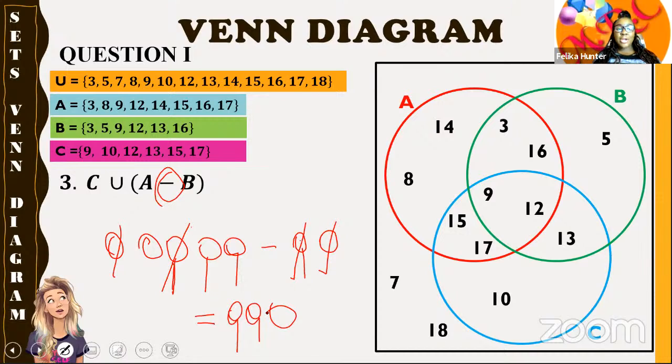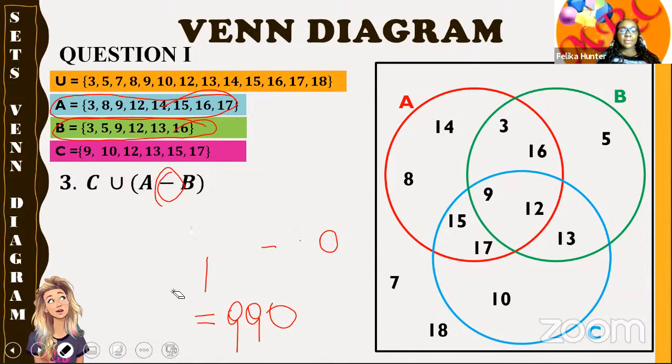Good. Now, using this example, can you look at A minus B? Here we have A, and here we have B. We have A minus B. If I'm taking the elements from B out of A, what would be left?